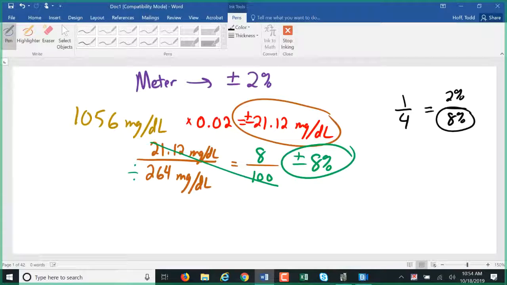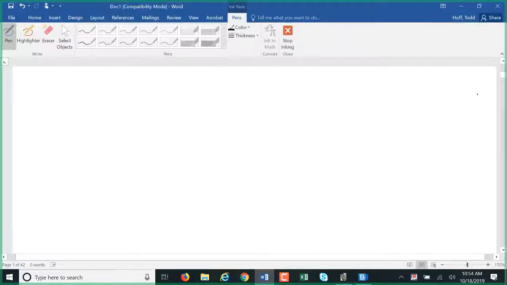When you're performing a dilution, in order to dilute a sample so it's within the capabilities of the meter, you want to dilute it as little as possible to still bring it into the meter's range. So doing a 1 in 4 dilution here was probably more dilution than we needed. We brought it down to 264. We only needed to bring it down under 100.